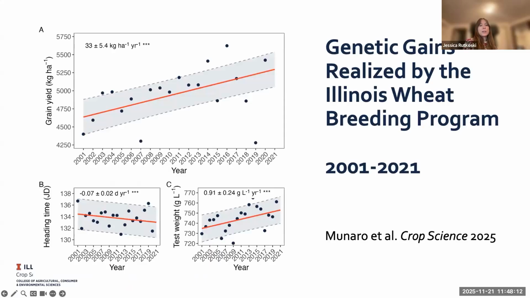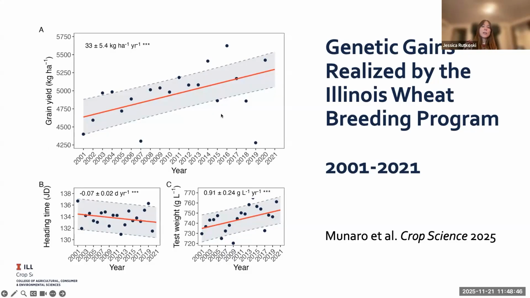So last example, from my work here in the Illinois wheat breeding program, when I first started, I wanted to look at where we are in the program as far as our genetic trends, genetic gain, and this looked at the years from 2001 to 2021, and looking at all of our trial data, using checks to control for any non-genetic trends and environmental variability.